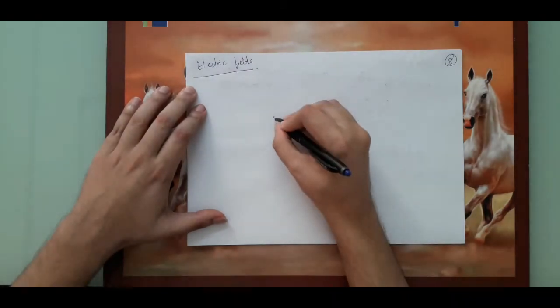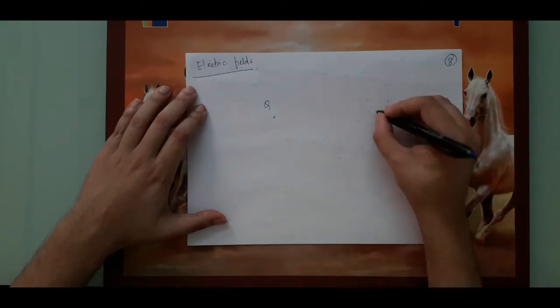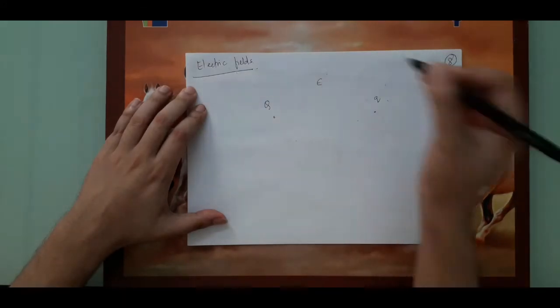Let us say I have a charge Q placed in some medium, and I have another charge which is small q placed in the same medium. The medium has a permittivity epsilon.